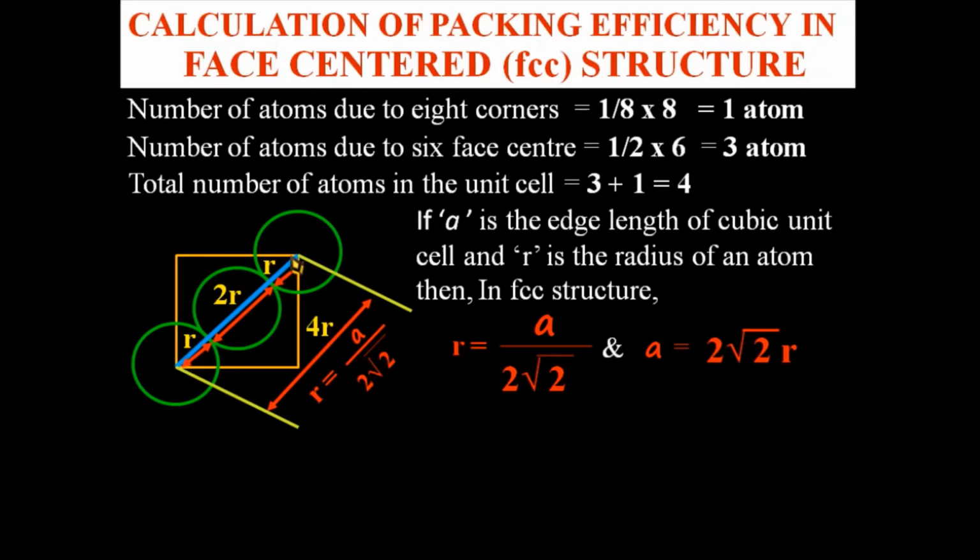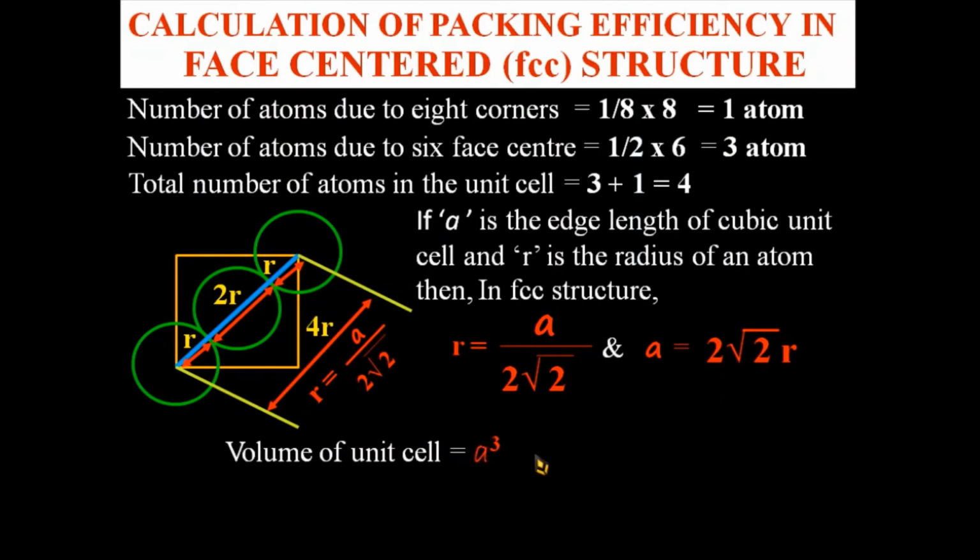So this length becomes 4R, R plus twice R plus R, that is equal to 4R. And the relation between R and A is R equal to A by 2 root 2.